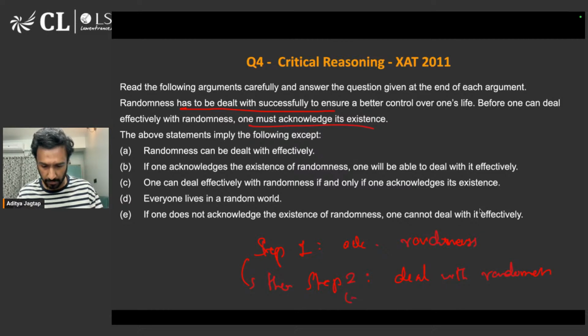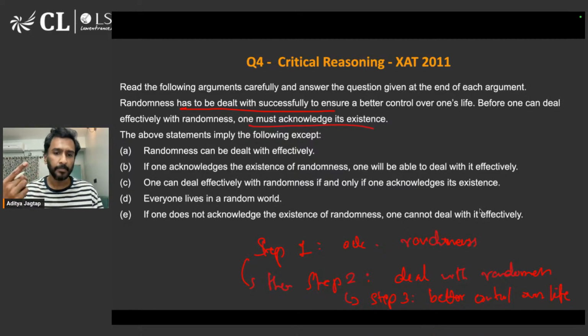And then maybe step three, which is better control over life. So it's three steps. First step is acknowledge randomness. Second step is deal with randomness. And then if we can deal with randomness, the third step is better control over one's life.